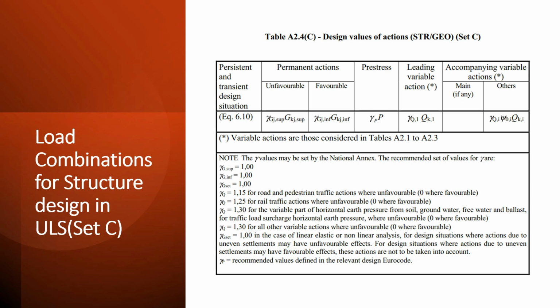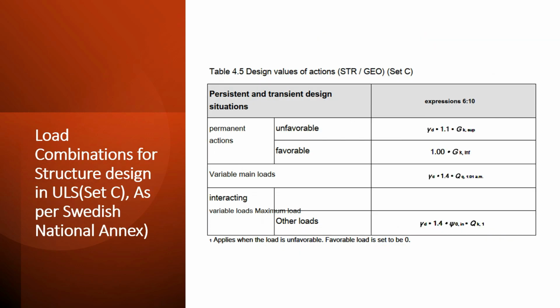And why we use this load combination for the geotechnical, I will explain in my next video, right? Why this equation is the worst in case of the geotechnical load, then you will understand clearly why we use this equation for the geotechnical load combination. Same, if I go to the Swedish national annexure, there is a change in the coefficient values.